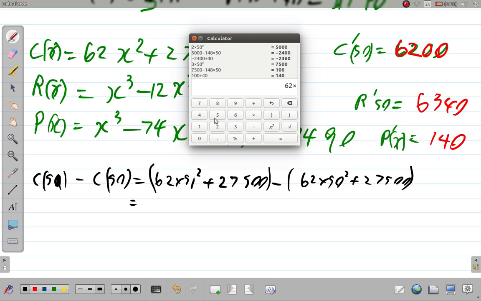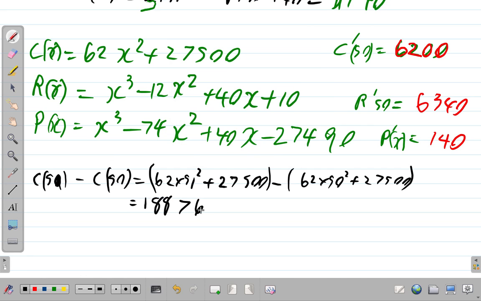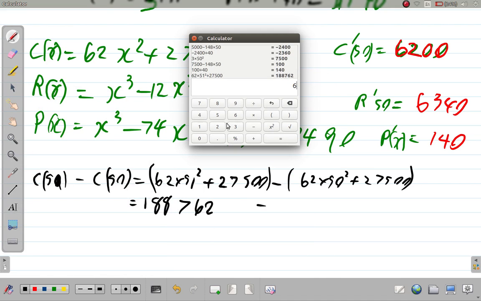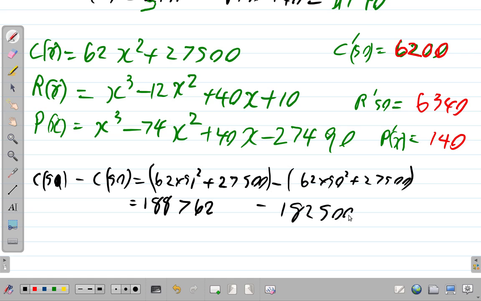62 times 51 squared plus 27,500 equals 188,762. Minus 62 times 50 squared plus 27,500 equals 182,500.